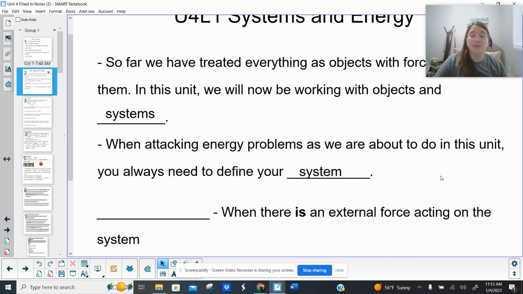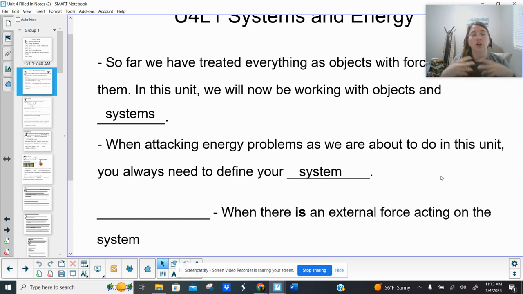You always need to define your system, meaning we need to say what's inside our system and what is outside. If it's outside the system, it acts on it. This is really just your choice. If you recall how we get to choose the direction of positive, if I want up to be positive or down to be positive, it doesn't matter. The math I do after that has to fall in line with whatever choice I make.